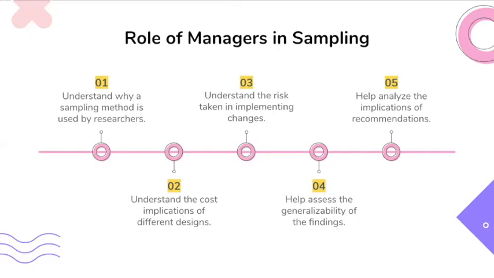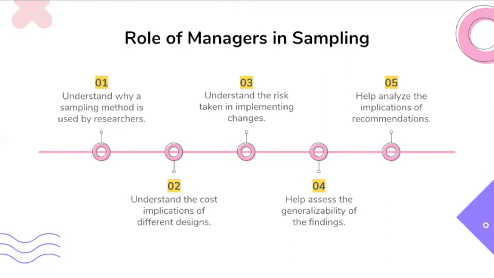The managers also need to understand the risk taken in implementing changes from the research. Basically, the research is conducted in order to know what is lacking or what is missing in the company, and then the result of the research is implemented into the company.